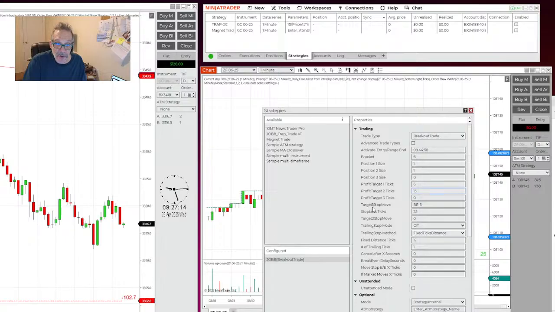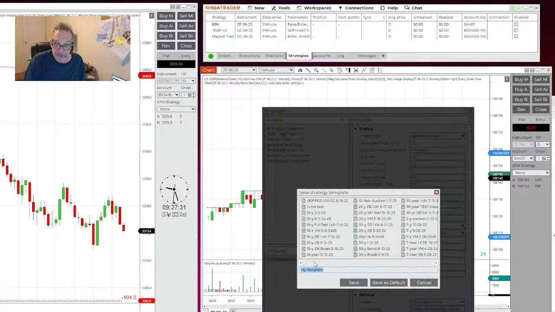If my first target gets hit, the target 1 stop move will be break even minus 3, and the stop is 15 ticks. I'm going to apply it, and then I'm going to save the template. I'm going to call it Flash ZF, today's date, and save it.